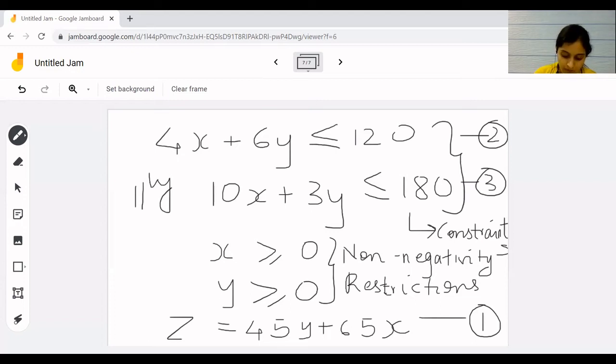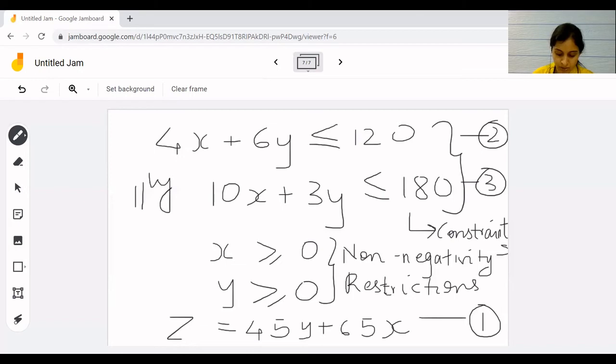Now, for mathematical LPP formulation, what do we have to remember? Identify the aim, the objective of the question, and denote it as Z. Identify the variables and assign symbols x, y, or however many variables are available, or you can say x1, x2, x3 as well. Identify all the restrictions or constraints in the problem and express them as linear inequalities in terms of the variables.